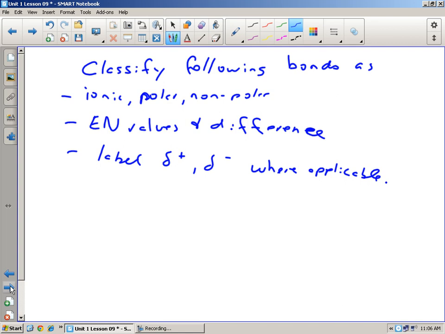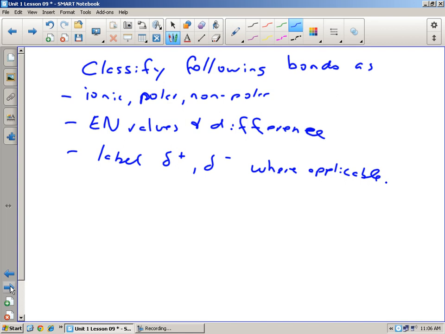Is there a difference in electronegativity? Absolutely. But remember, that difference is so great that the electron is gone. That's what forms the full positive, full negative. These are slightly positive, slightly negative, okay? And also remember, polar covalent implies that we're talking about molecular compounds, or molecular bonds, okay?